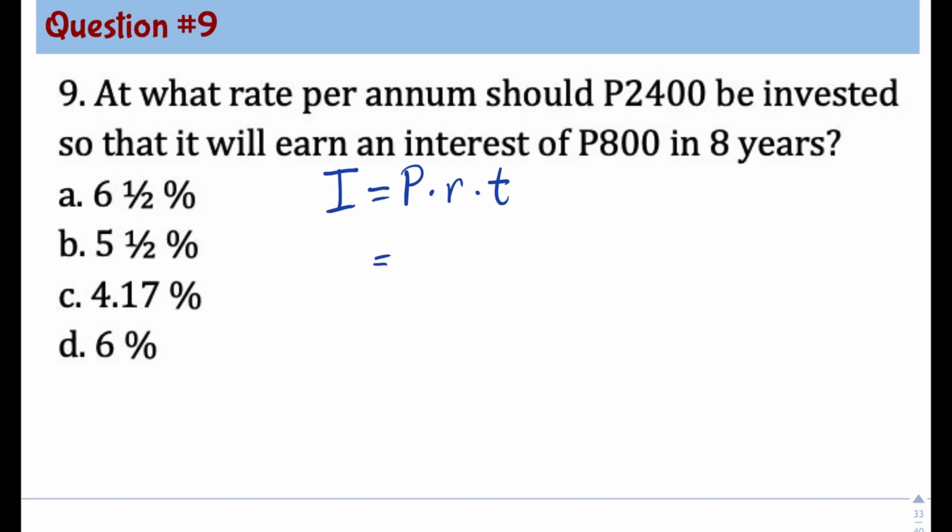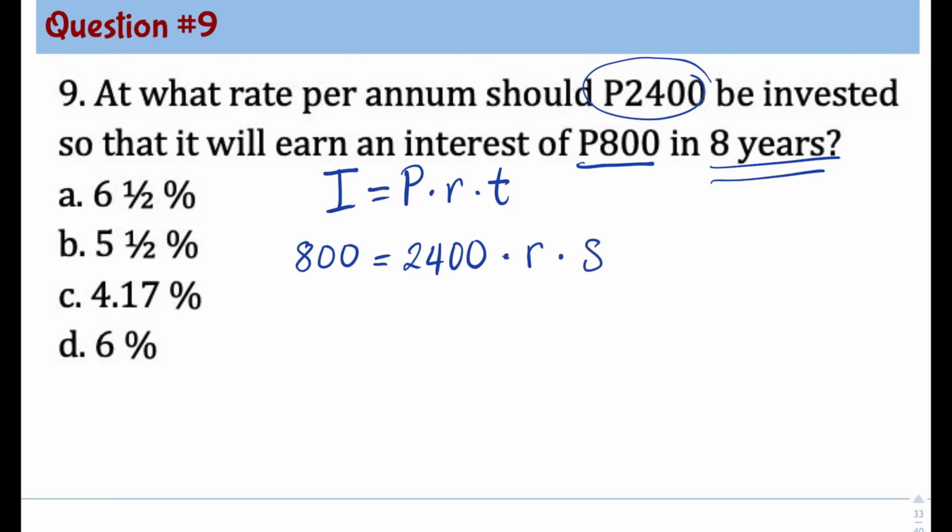So in this problem, the interest is 800, so we plug in 800. The principal is the amount of money you invested, or the initial money. In this case, it's the 2,400. So 2,400 times the rate, which we don't know, that's what we're trying to solve. And the time here is 8 years, so we need to put times 8.